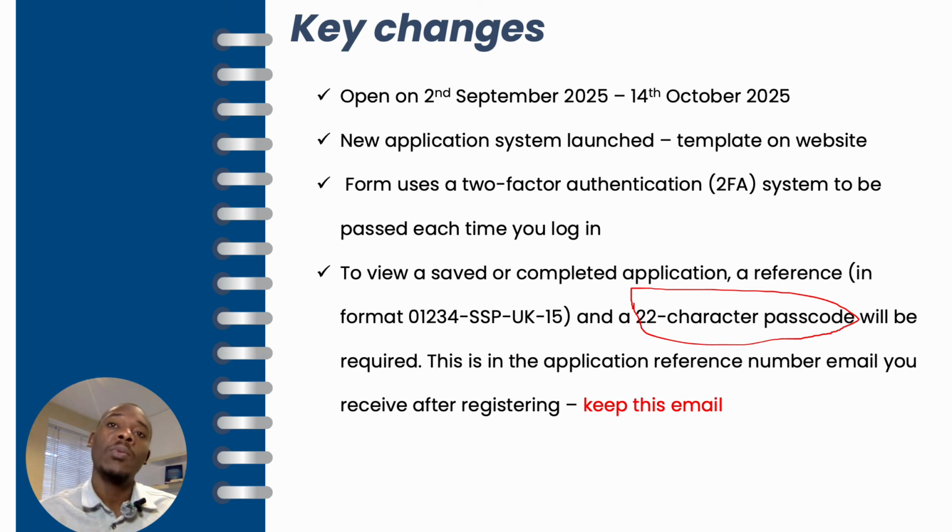You need to include that password, and each application that you open will be given a different reference number, and you need to ensure that you know which nominator or nominating agent that reference number is for. So please keep that email that contains the password so that you are able to log in every time you need to log in and make a change to your application.